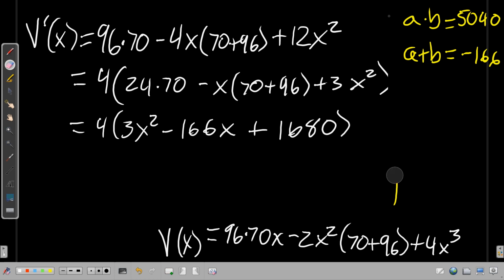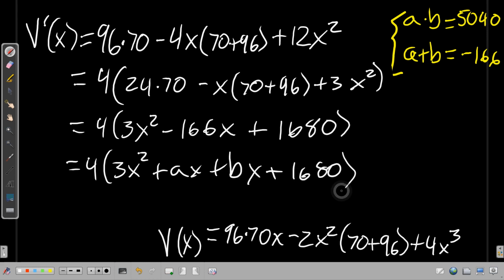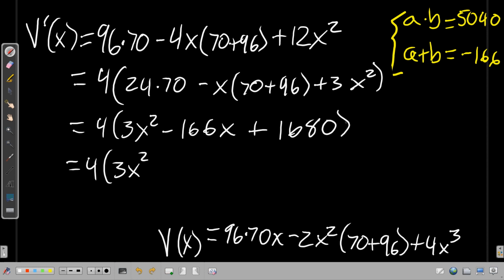And if I can find the numbers A and B that satisfy that system, then I will rewrite this polynomial like 3x squared plus ax plus bx plus 1680, and then it will factor by grouping.